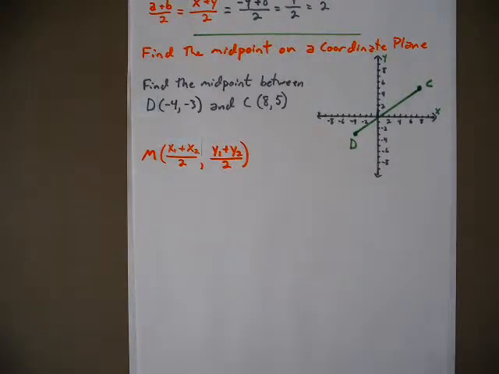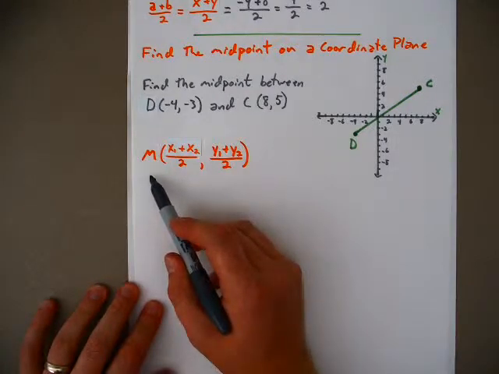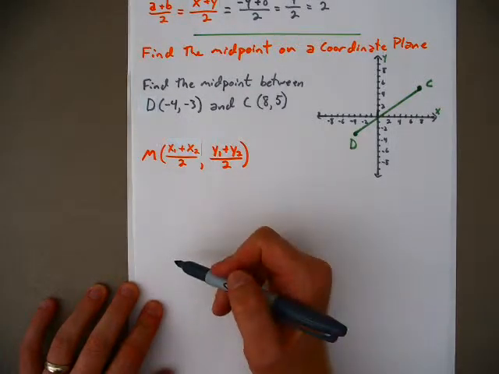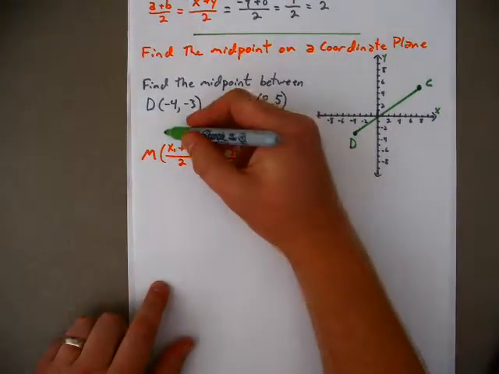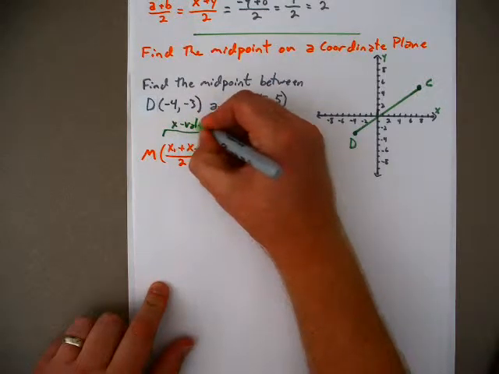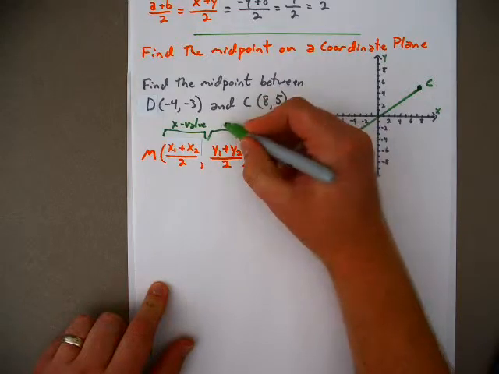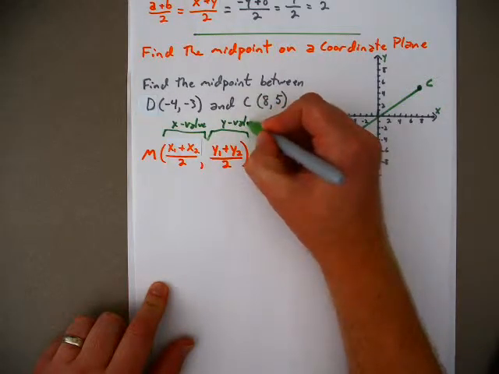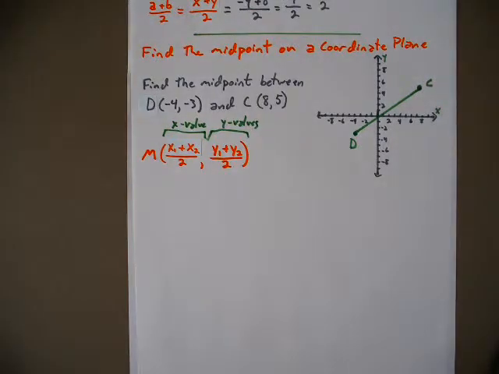The midpoint would be point M. The reason this is tricky is because it's sort of 2 formulas in one. The first part is our x values, and the second part is our y values. If you can keep those separated, you're going to be in pretty good shape.